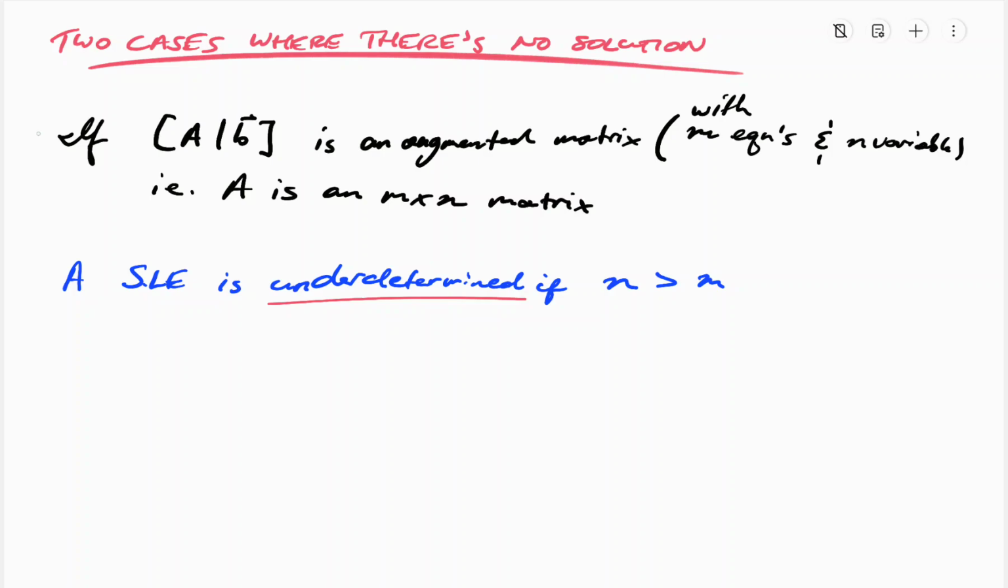Within our augmented matrix, a system of linear equations is called underdetermined if the number of variables is greater than the number of equations, or if you have more columns than rows.